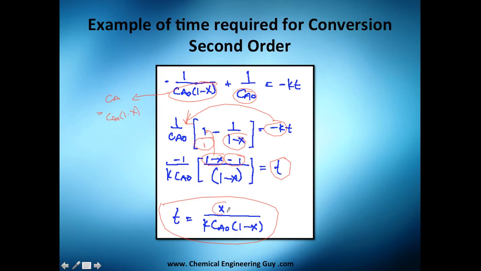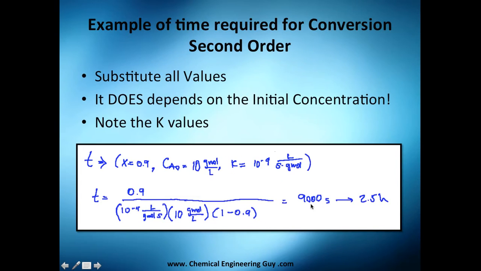Time equals the conversion divided by the constant times the initial concentration times one minus the conversion. So probably you've seen that this time we do have an initial concentration dependence, because before we didn't have that. So right now we do have it. Why? Because it's a second order reaction, and that's very important.